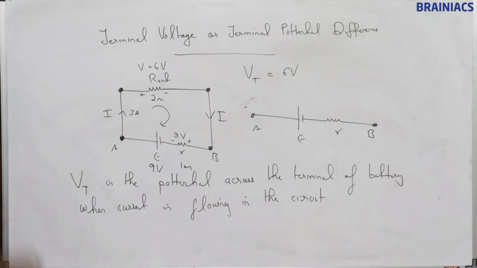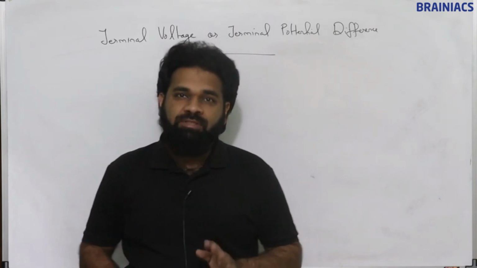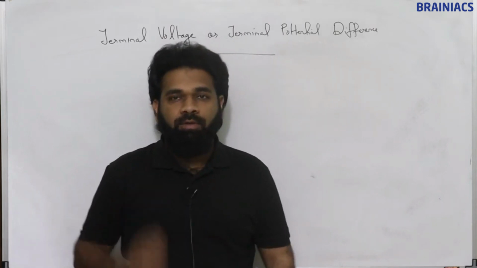Clear? Okay, so that is the only difference. EMF is when current is not flowing. Here current is flowing. Right? Note it down. Now, we will learn one circuit technique.